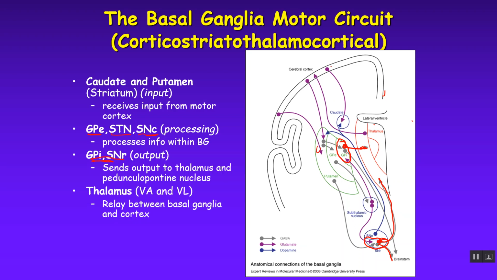Then you have the thalamus. The thalamus is here, and there's several regions of the thalamus that receive input from those nuclei. The ventral anterior part of the thalamus and the ventral lateral part of the thalamus. And then from the thalamus, that information goes up to the cortex, which they don't show on here.